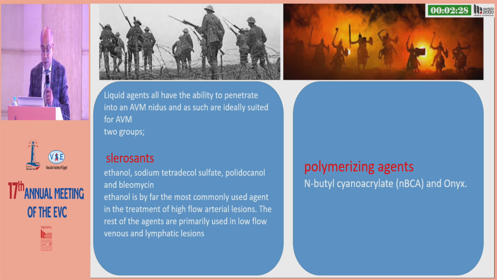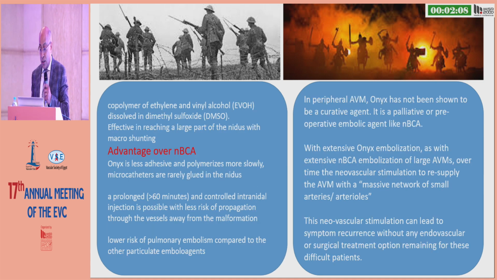We have two types, the sclerosants and the polymerizing agents: ethanol, sodium tetradecyl, polidocanol, and bleomycin. Ethanol is the most commonly advised one for the arterial side, while the others can be used for the venous side. On the other hand, we have polymerizing agents like Onyx and the cyanoacrylate.